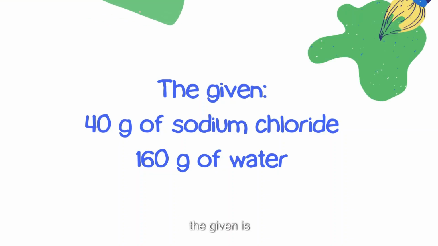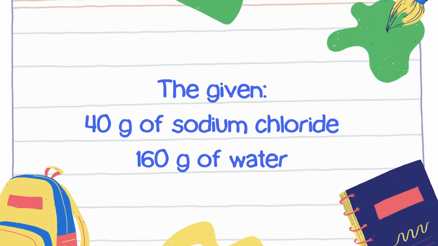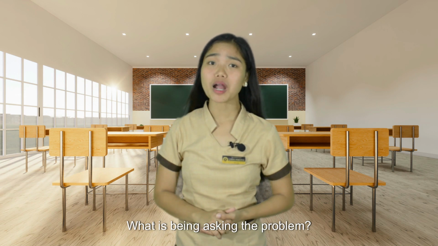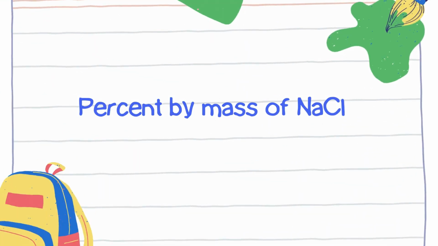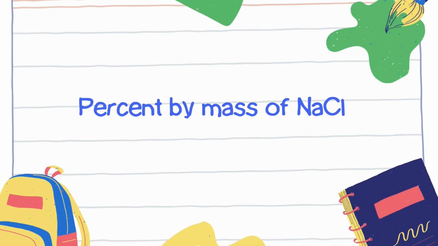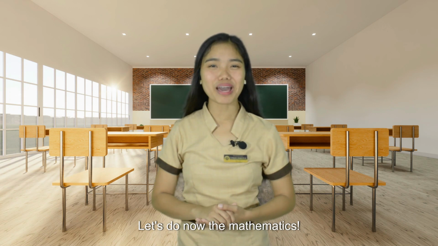The given is 40 grams of sodium chloride, 160 grams of water. What is being asked in the problem? Percent by mass of sodium chloride. Let's do now the mathematics.